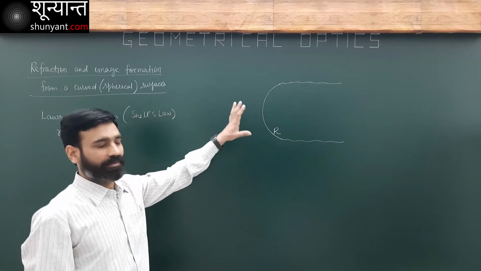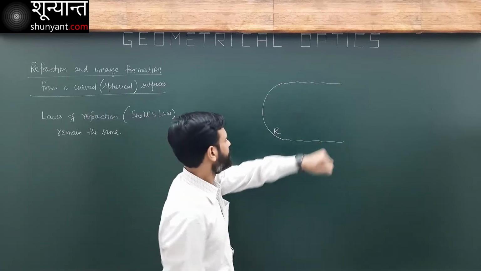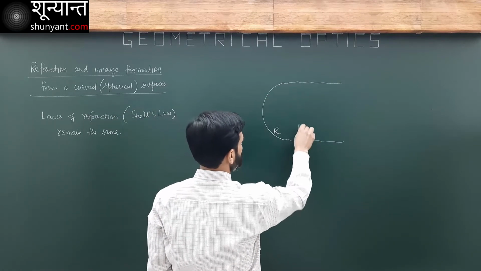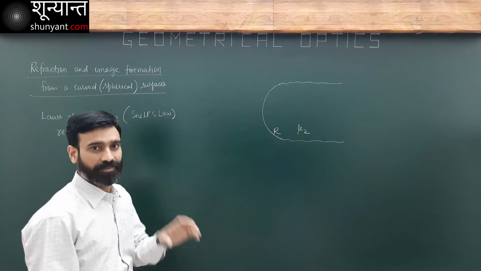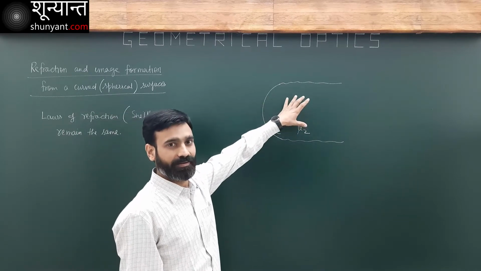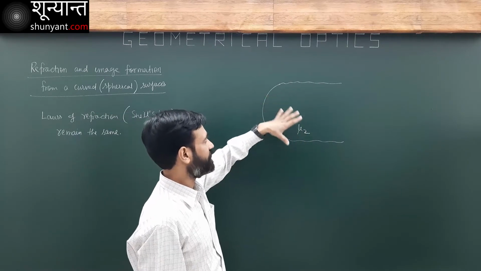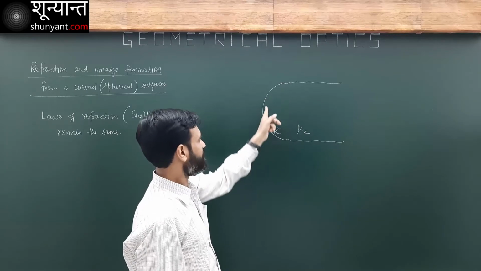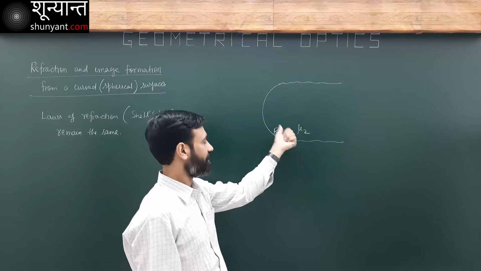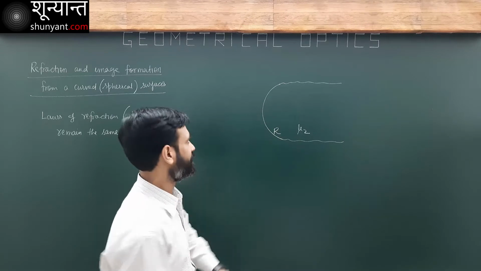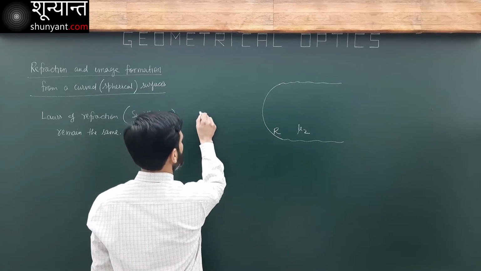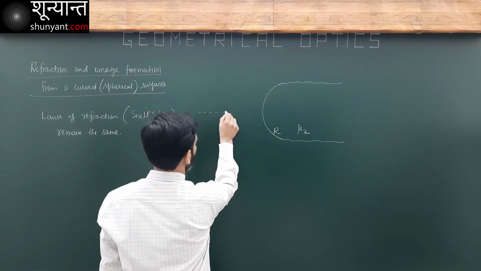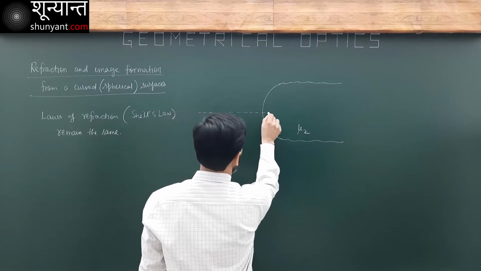Let's say it is some material here, and the refractive index of this material is mu2. Let's say I have this rod-like object, perfectly spherical in shape. Its radius is r, the radius of a spherical surface. The surrounding medium is mu1.